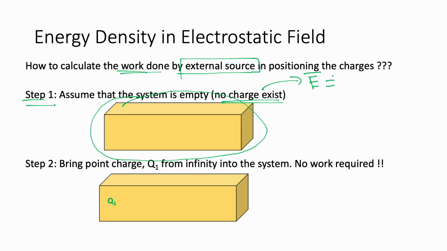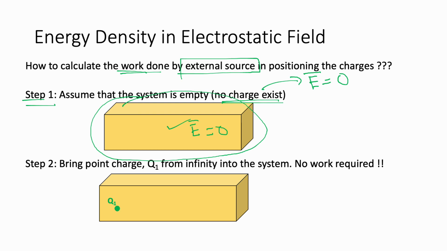It does not exist. Sorry, it is equal to 0. Since there is no source of charge, there is no E field inside this system as well, so the E field is equal to 0.